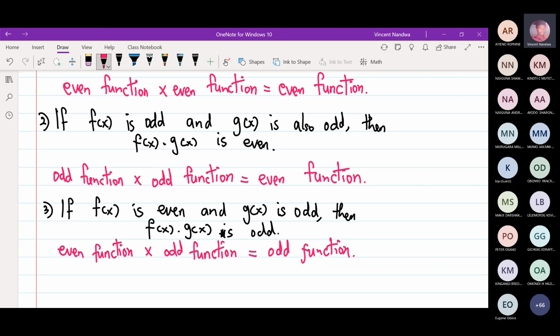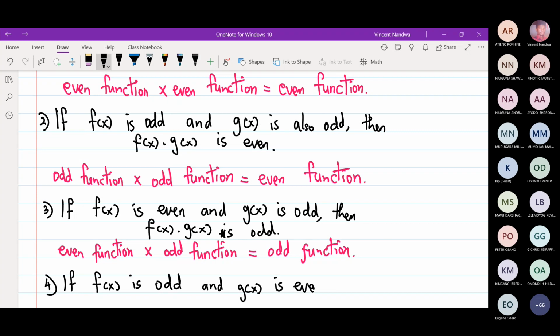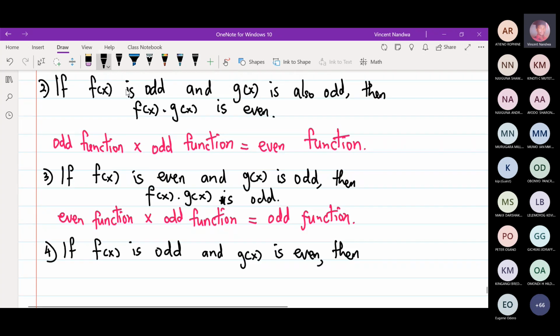Then lastly, number 4, if f of x is odd and g of x is even, what do you think the product will give us? Odd. It will be an odd function, correct?